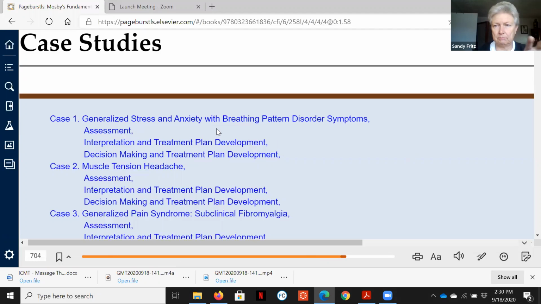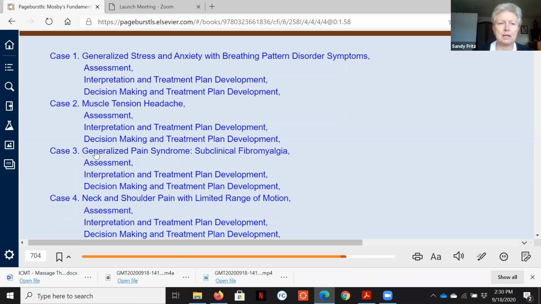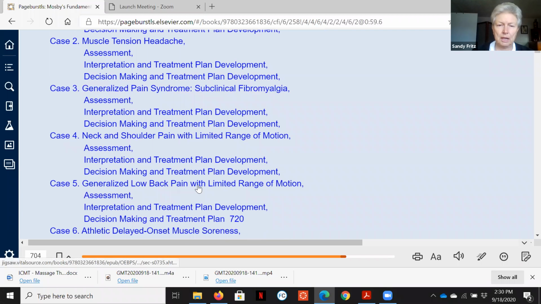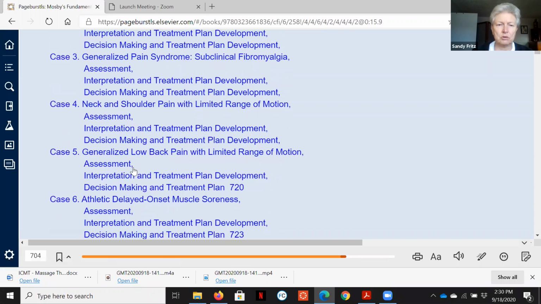So if you can understand how this is presented, then you can understand how you could adapt it to apply to all kinds of situations. And that's the same with muscle tension headache and generalized pain syndromes. We've used an example here of fibromyalgia and neck and shoulder and generalized low back, and the list goes on.